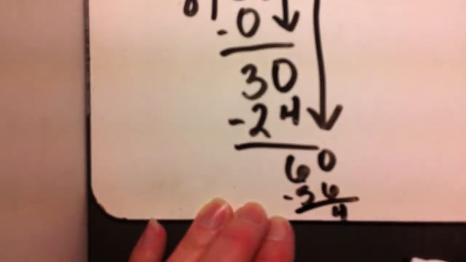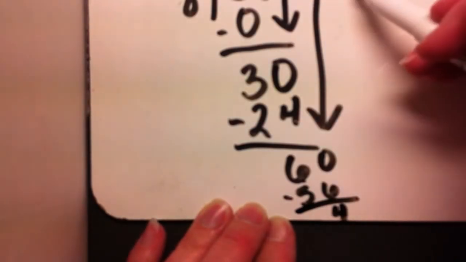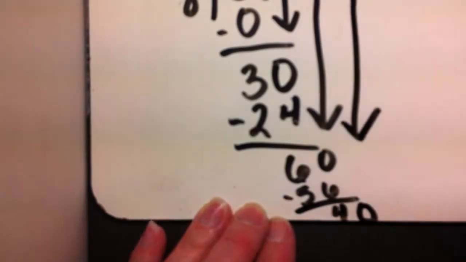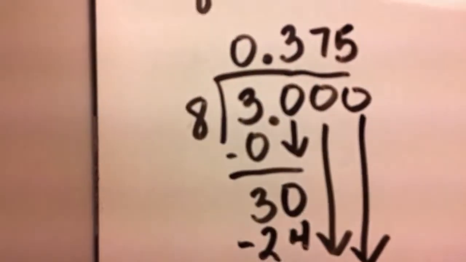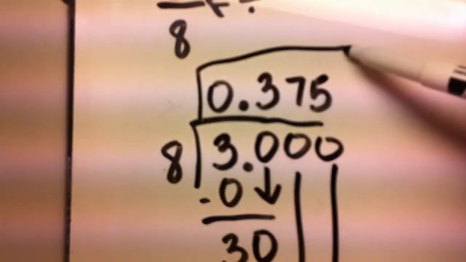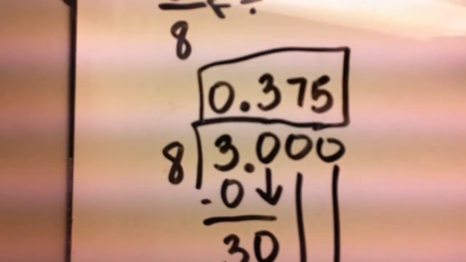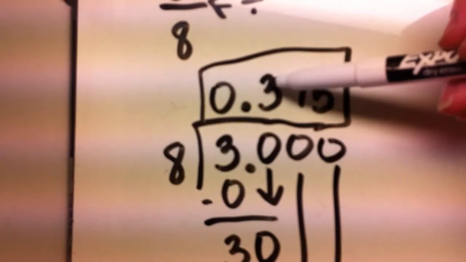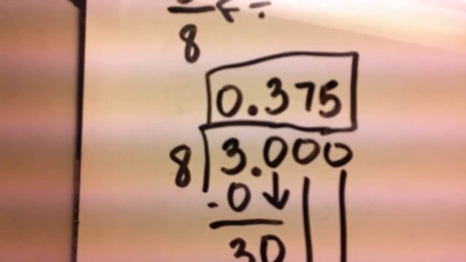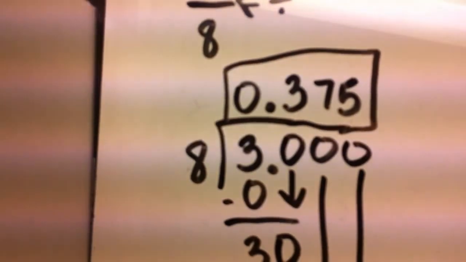I'm running out of board. 4. Placeholder 0 and carry it down. So 40. 8 goes into 40 5 times. 5 times 8 is 40. So 3/8 as a decimal is 0.375, or 0 and 375. This is tenths, hundredths, thousandths. So 375 thousandths.